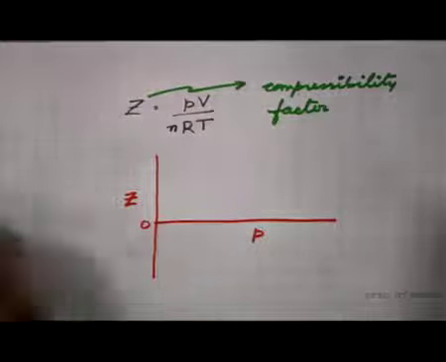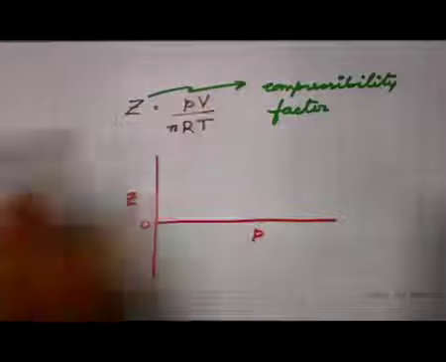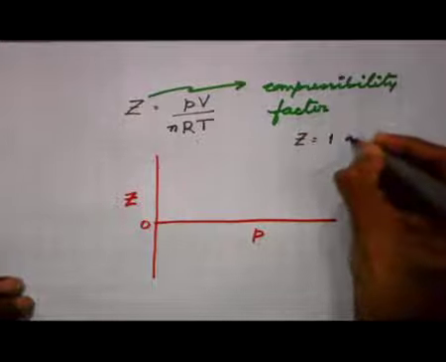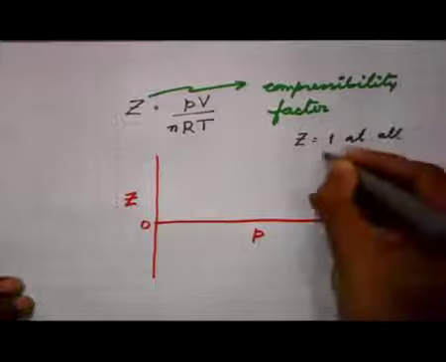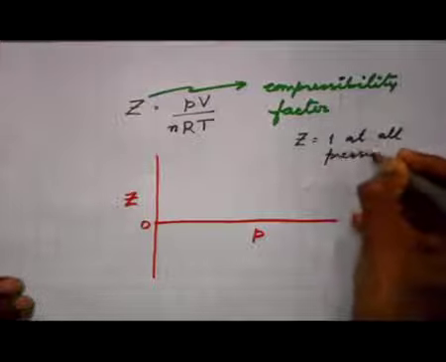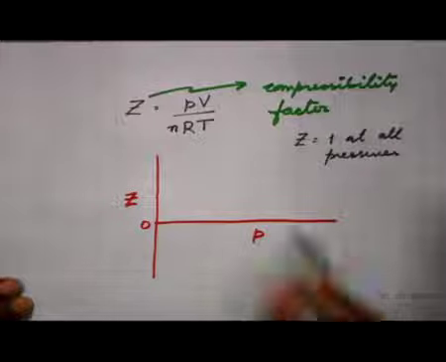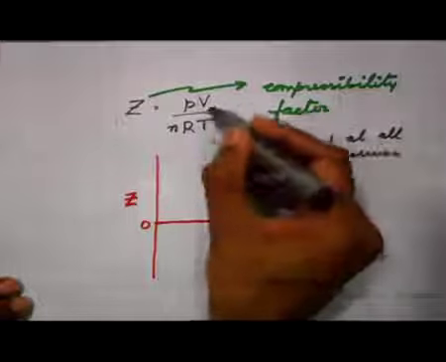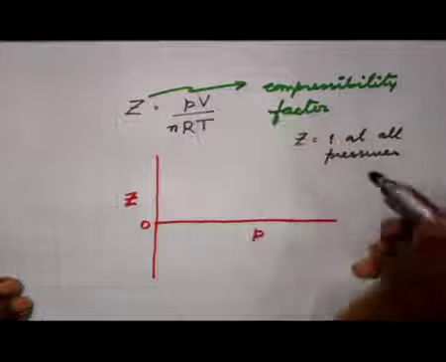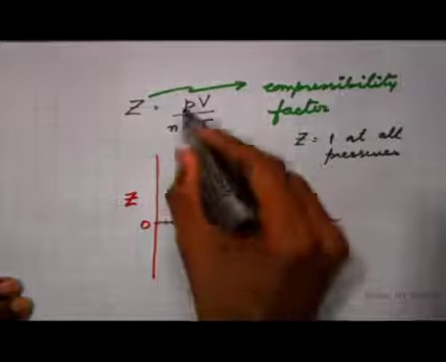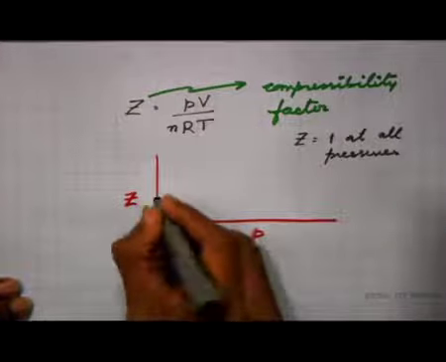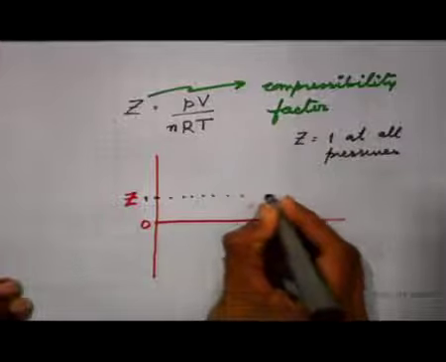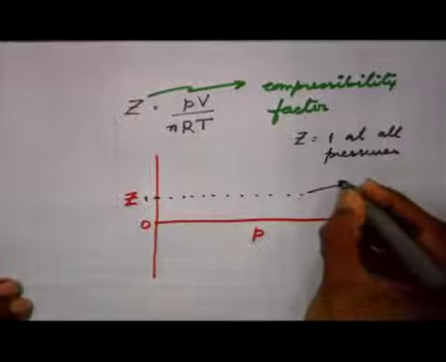Now, for an ideal gas, Z is equal to 1 at all pressures, right, because the ideal gas equation of state says PV equals nRT. So, when we take the ratio PV over nRT, this is equal to 1 and that is independent of the pressure. So, let us mark off 1 here, and what we are saying is this is the ideal gas behavior.